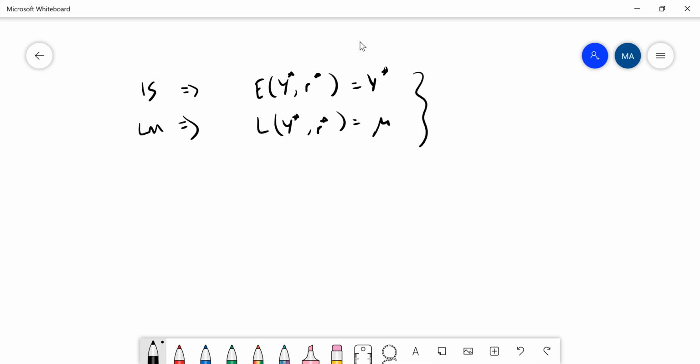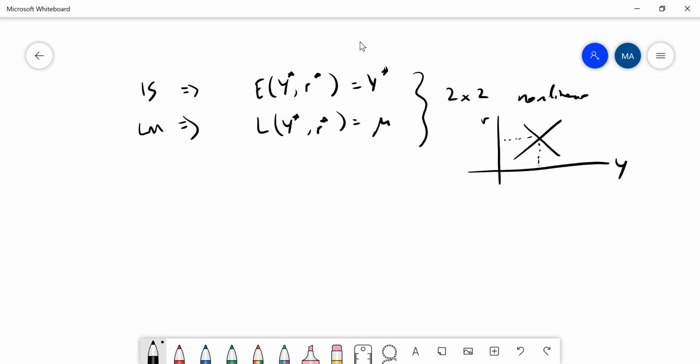So you see you have a 2x2 system which is nonlinear, but if you solve this, that solution is exactly the steady state. Okay, so this is LM, in other words, R dot equals 0, so the money market is in equilibrium. This is IS, Y dot equals 0, so the goods market is in equilibrium, so you have Y star, you have R star.